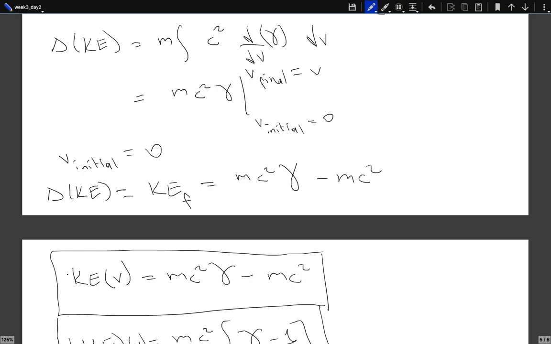That's why we started from an initial speed of zero, so the initial kinetic energy is zero. The final kinetic energy is whatever its final value is. The change in the kinetic energy of the object is just the final kinetic energy minus zero. And that change, using the work-energy theorem, just turns out to be this expression over here.